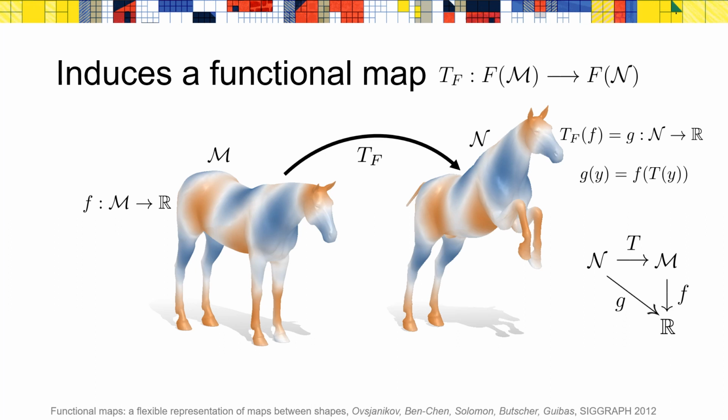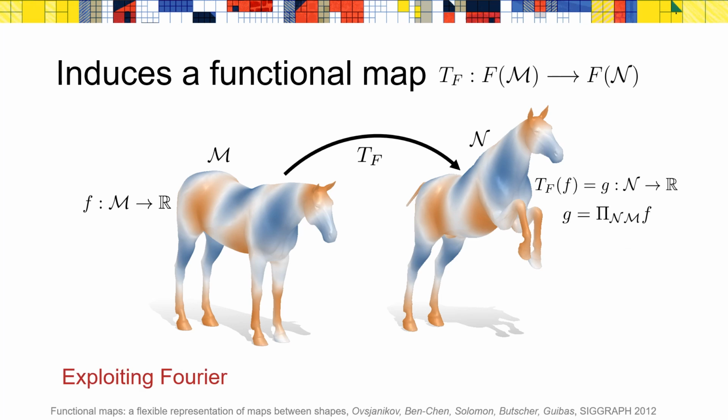As you can see in the diagram on the right, starting from N, we can move to M through the point-to-point map T, and then f is defined on M, and the composition of T and f gives us a function g that goes from N to the set of real numbers. And in the discrete setting, this transfer can be defined as the composition of f with the matrix pi that represents the point-to-point map.